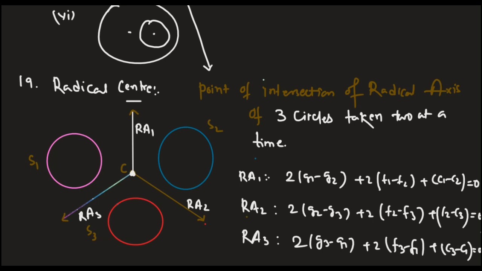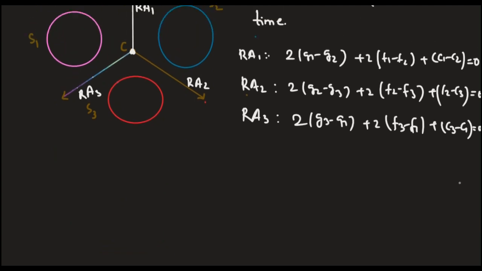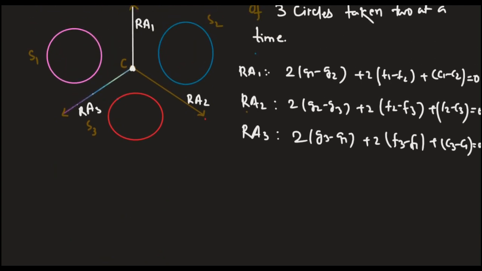First of all, these three are equations of lines. Whether they are concurrent or not, we can check by a determinant property. So we consider the determinant with first row 2 times (G1 minus G2), 2 times (F1 minus F2), and C1 minus C2.